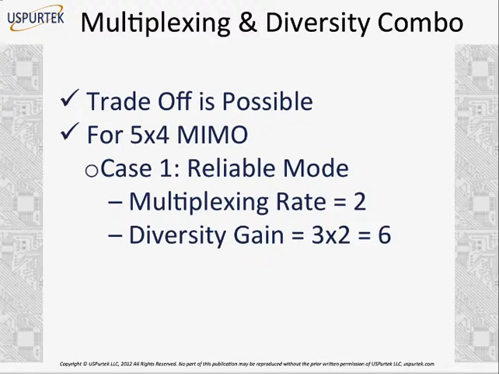A trade-off is possible, so I'm showing 2 cases here. Let's consider a 5x4 MIMO, 5 antennas on the transmitter and 4 on the receiver. Let's assume in this case we want a reliable mode. Reliability is of paramount importance. I want a reliable signal.